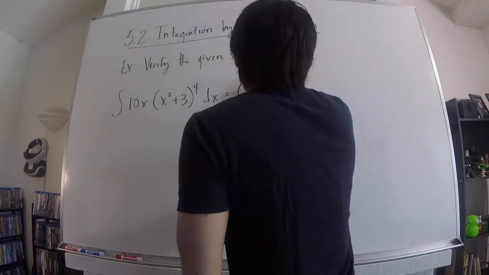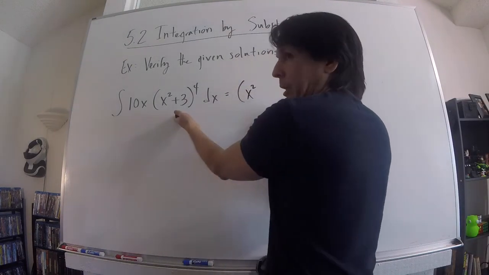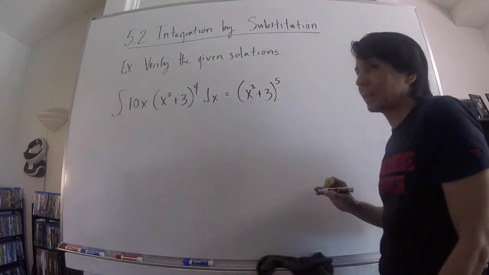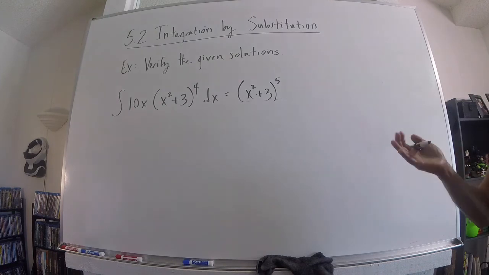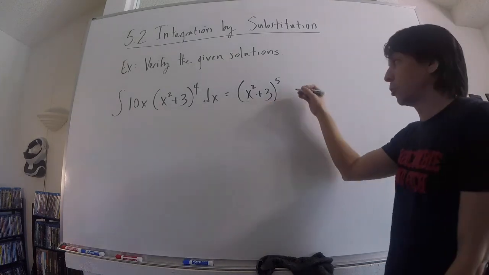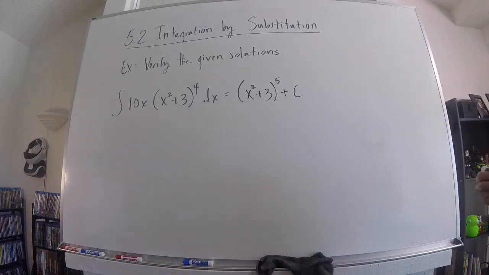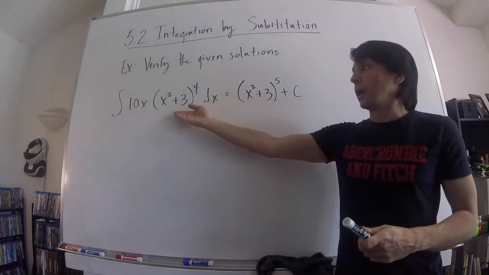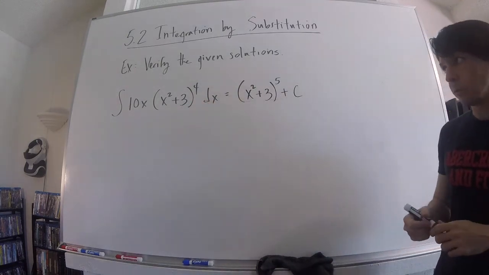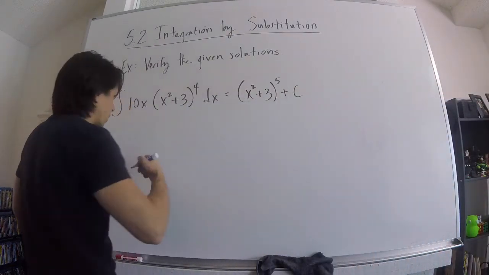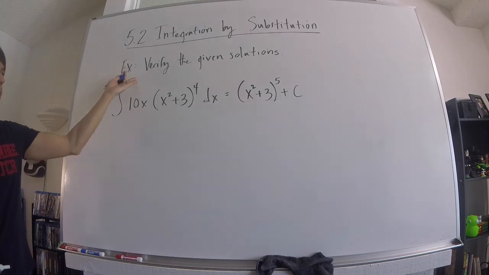But we're also going to learn to leave it in that form and get a somewhat cleaner version of the antiderivative, equivalent to what you would get if you expanded it and did the power rule. We'll learn how to go straight from there to there, not having to expand a fourth power of that x squared plus 3. But we're holding off on that because now I just want to verify the solution.